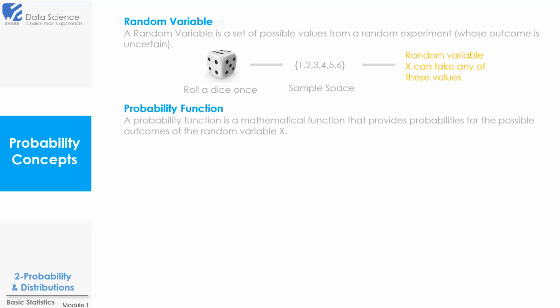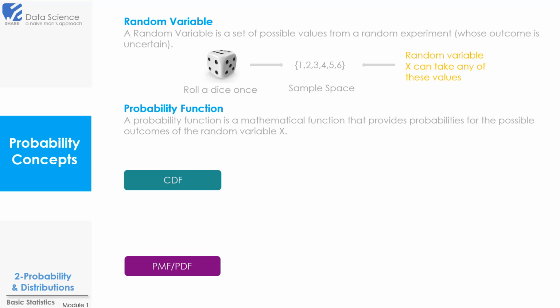Now the probability of the possible outcomes of a random variable is given by a probability function. There are 2 types of probability functions: CDF, which stands for cumulative distribution function, and PMF or PDF.